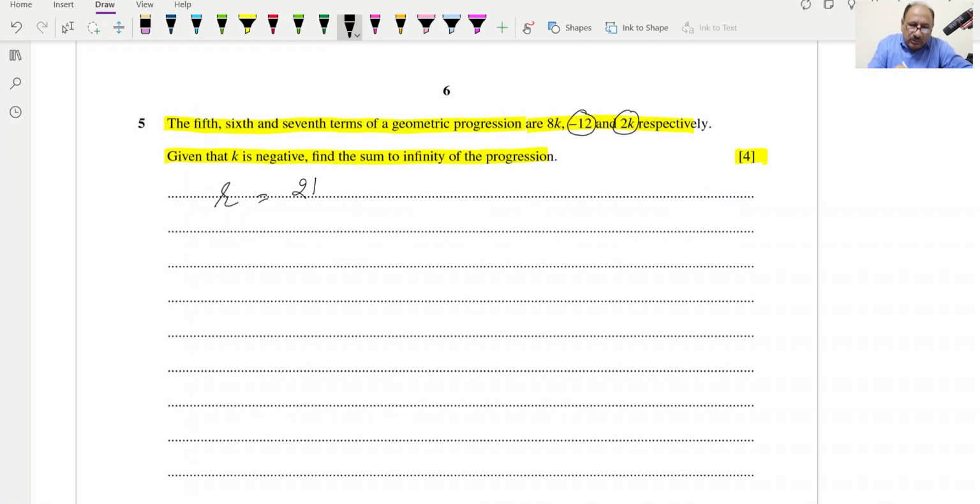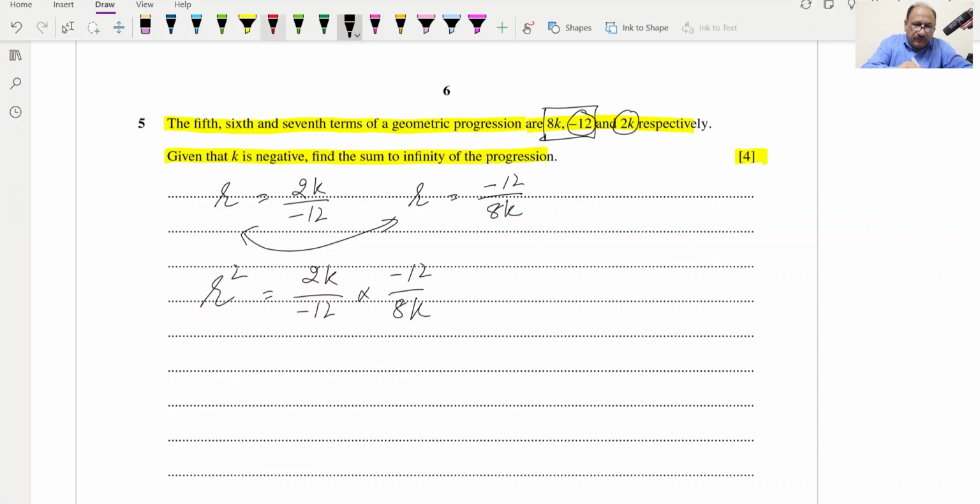So we can write 2k over minus 12, and similarly for these two terms r is equal to minus 12 over 8k. If we multiply these two equations we will get r squared equal to 2k over minus 12 times minus 12 over 8k, and after cancellations, 2 over 8 and k cancelled, this will be equal to 1 over 4.